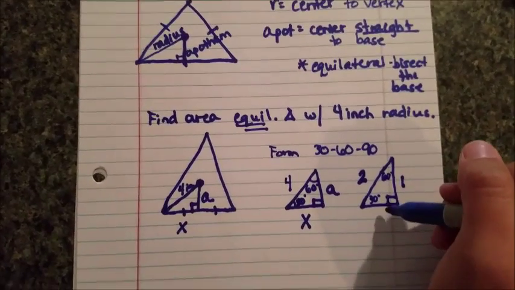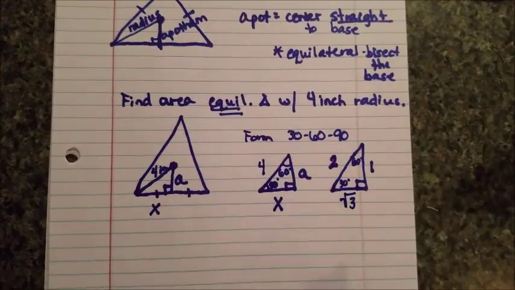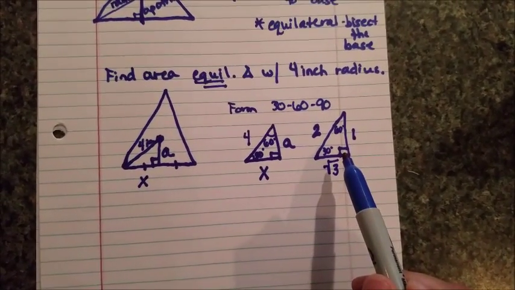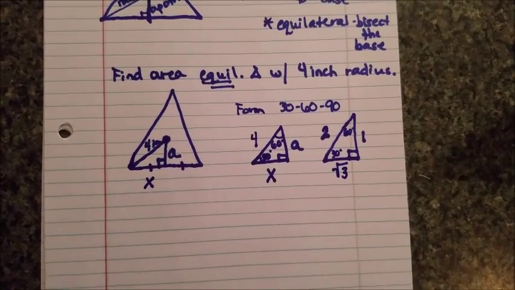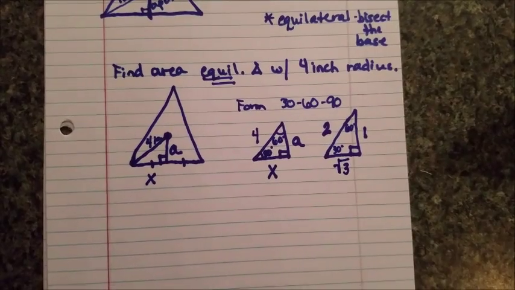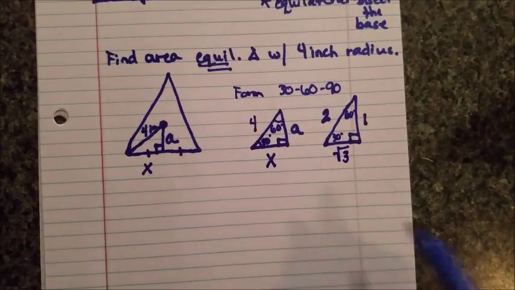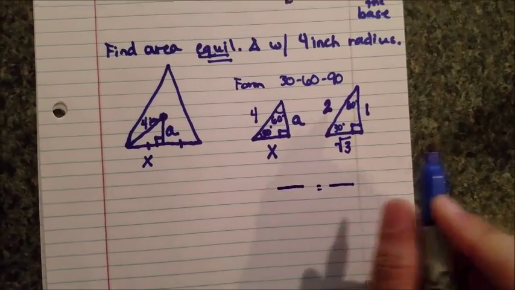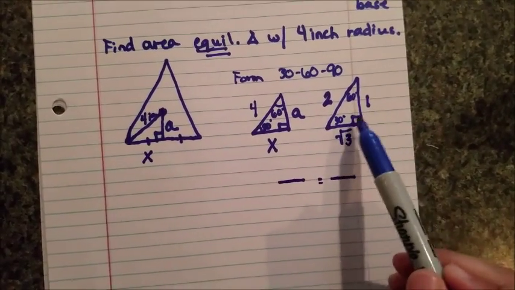Across from it is the only one left, right? 1, 2, square root 3. So now I have my 2 triangles, okay? And I have to know how to set up the proportion in order to find the missing sides, okay? So I'm going to go ahead and set up my proportion. And here I'm just going to go this triangle to this triangle.